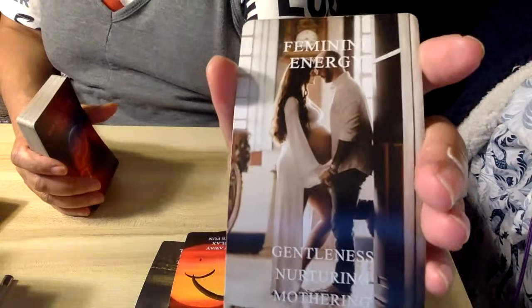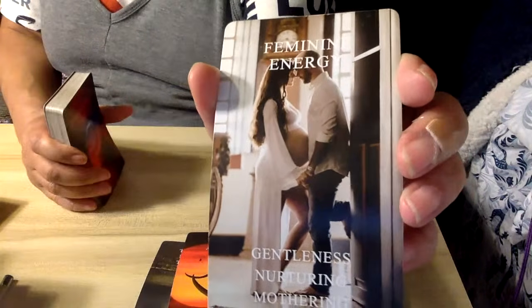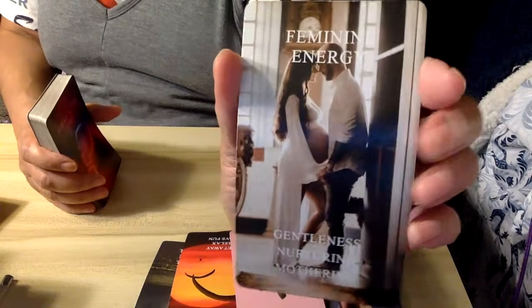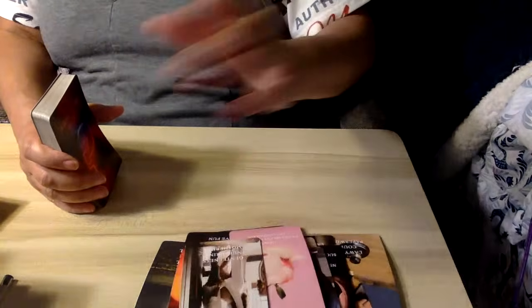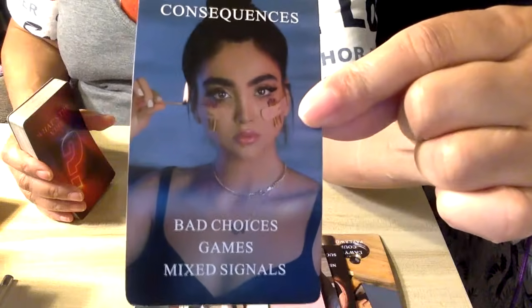Feminine energy. So the thing about this feminine energy is like you get the masculine energy, okay? Well, the female's all up in it too. Yeah, all up in it. Gung ho. And there will be consequences for the bad choices.